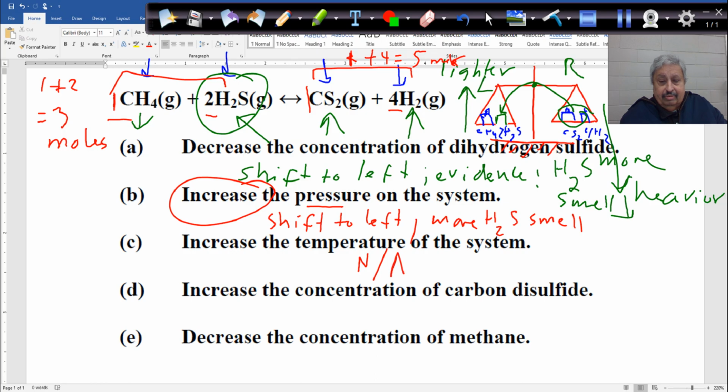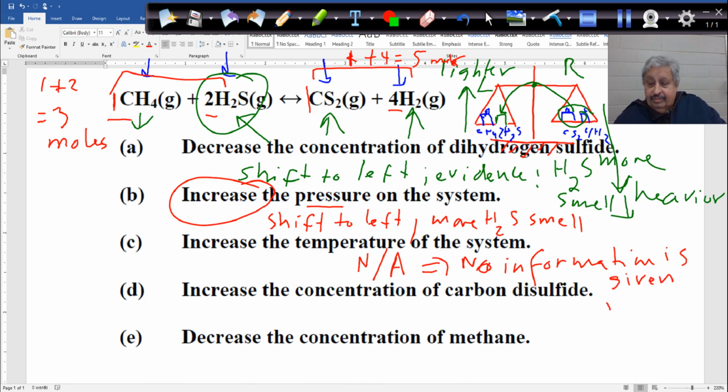Why? No information is given regarding the heat. So I don't know. So both A and B are to the left.